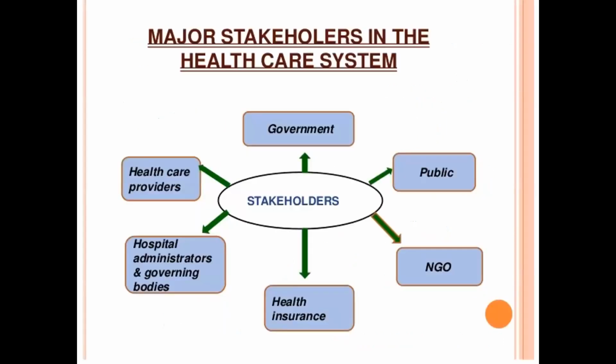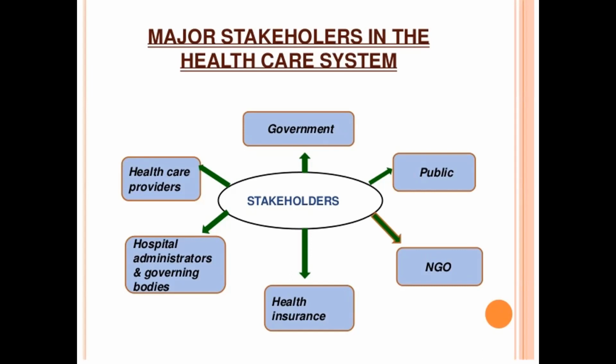These are the major stakeholders of the healthcare system: the government, the public, NGOs or non-governmental organizations, health insurance companies, hospital administrators and governing bodies, and healthcare providers. All of them will be taking care of rehabilitation also.